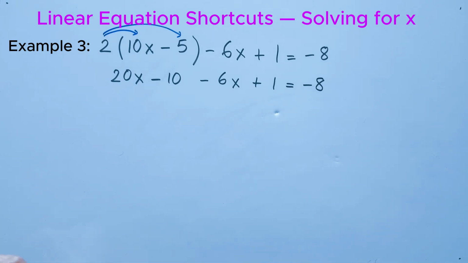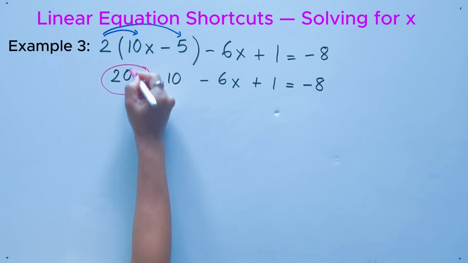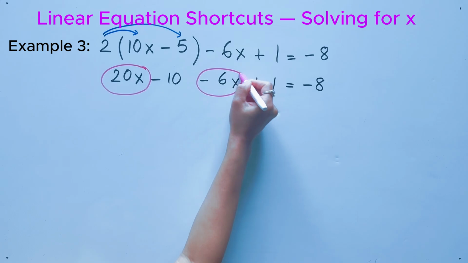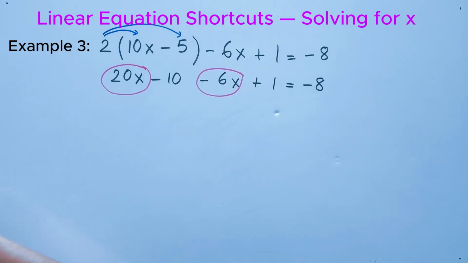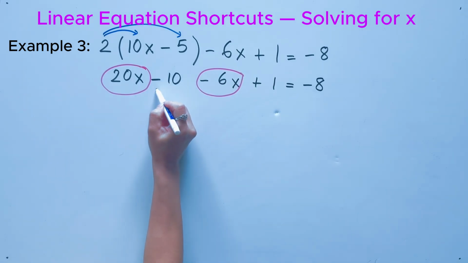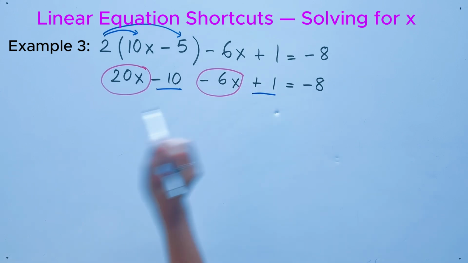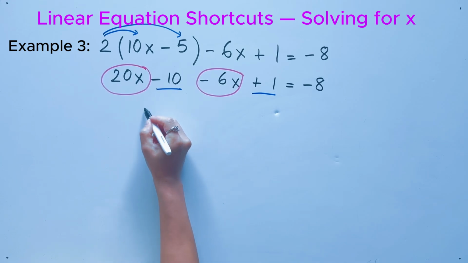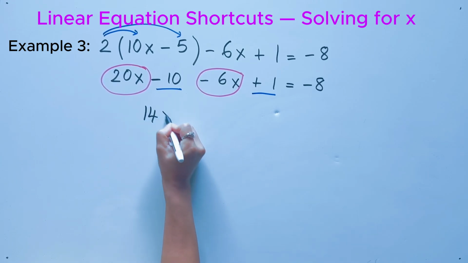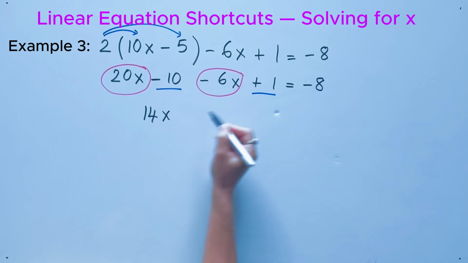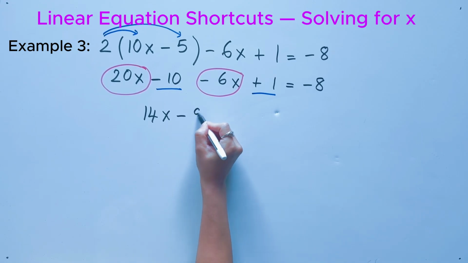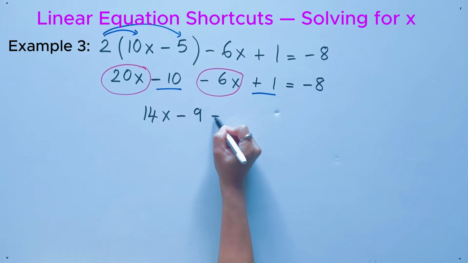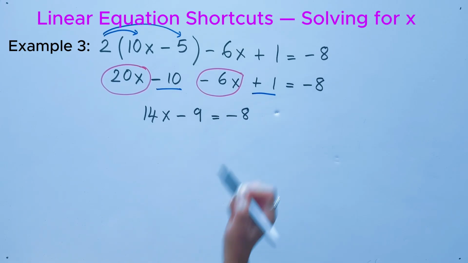Again, we will simplify and combine like terms at the same time. 20x and that, and then negative 10 and the constant term. 20x minus 6x is 14x. Negative 10 minus 1 is minus 11 equals negative 8.